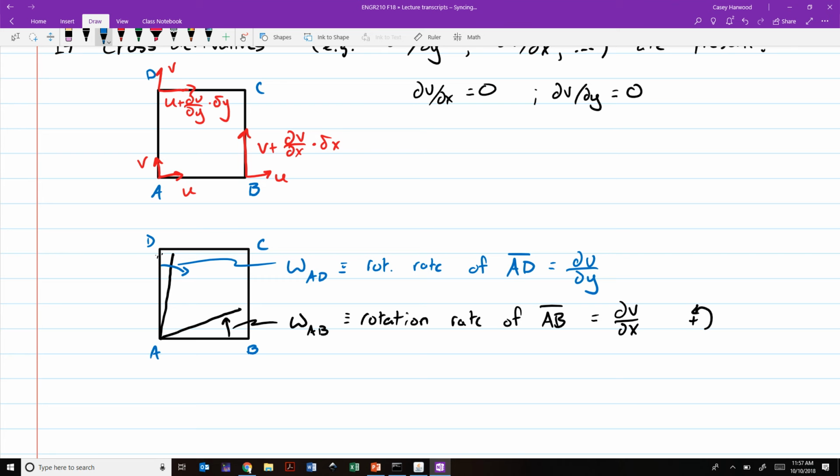If the top of the box is moving faster than the bottom of the box horizontally, it's going to be clockwise in this case. So this is an important thing that's going to come in just a second.